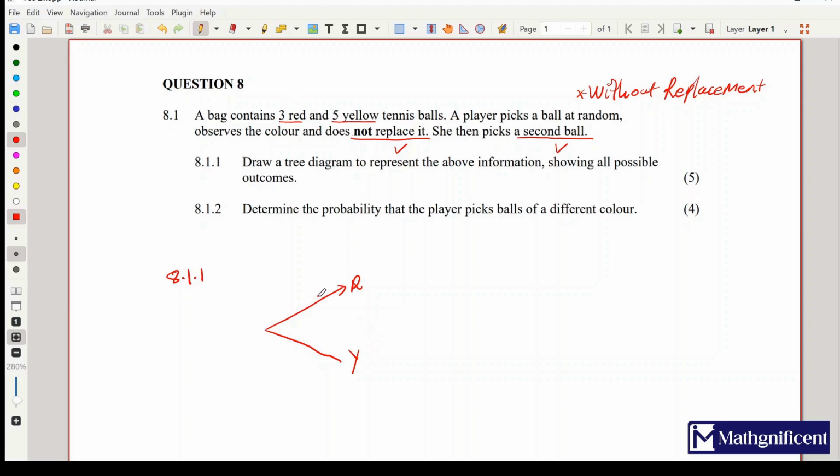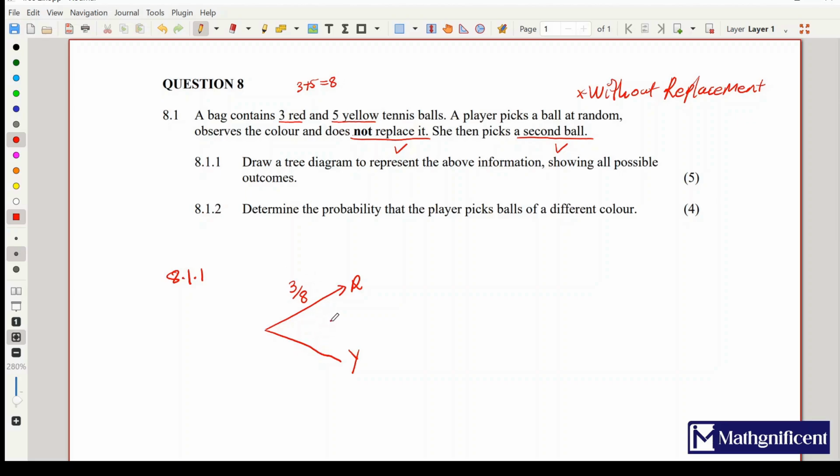So now, what is the probability of first selecting a red ball? This is 3/8. Why 8? Remember that the total number of balls is 8, since 3 plus 5 is equal to 8.